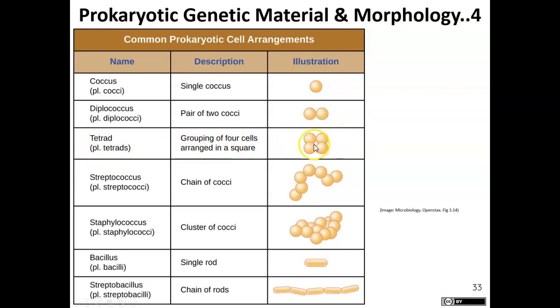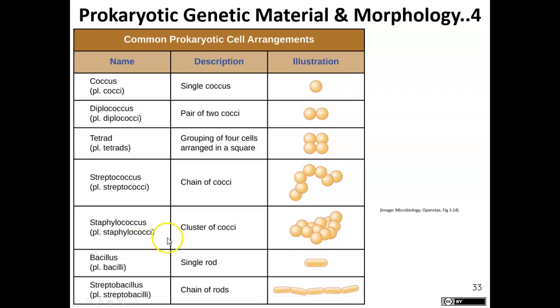If you have four coccus cells that stick together, they form like a square-like structure. This is called a tetrad. If you have more than two coccus that are sticking together, this is known as streptococcus or streptococci.